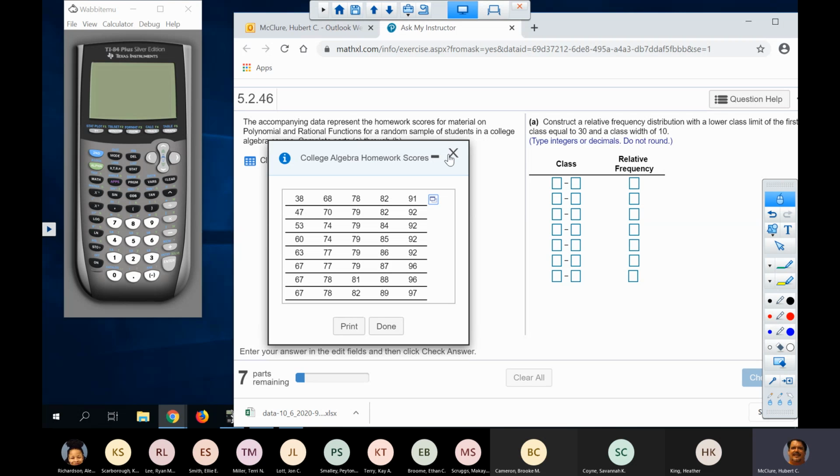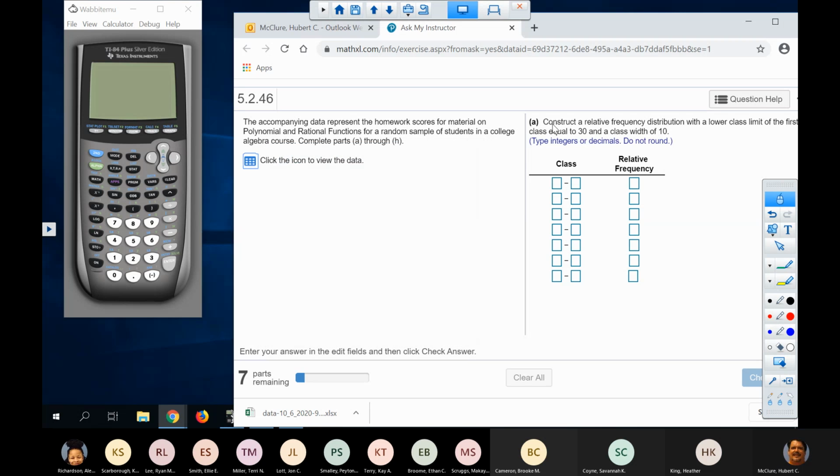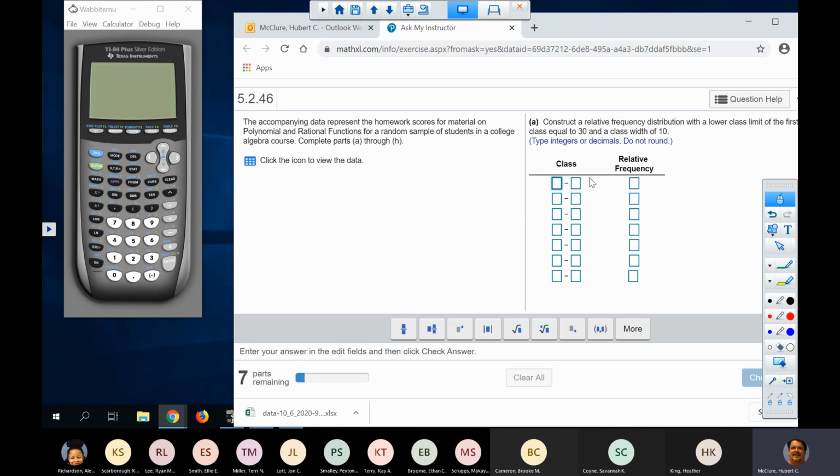And what does it say about classes? It says 30 and a class width of 10. We went over this in chapter 2 or beginning of chapter 3. Class width is 10. You start with 30.